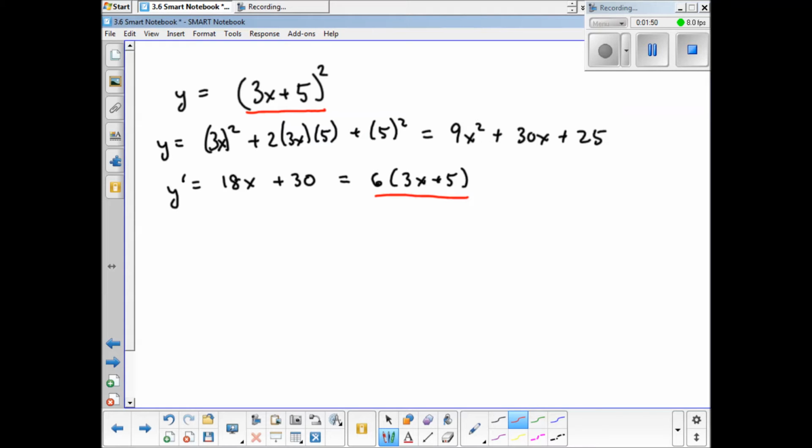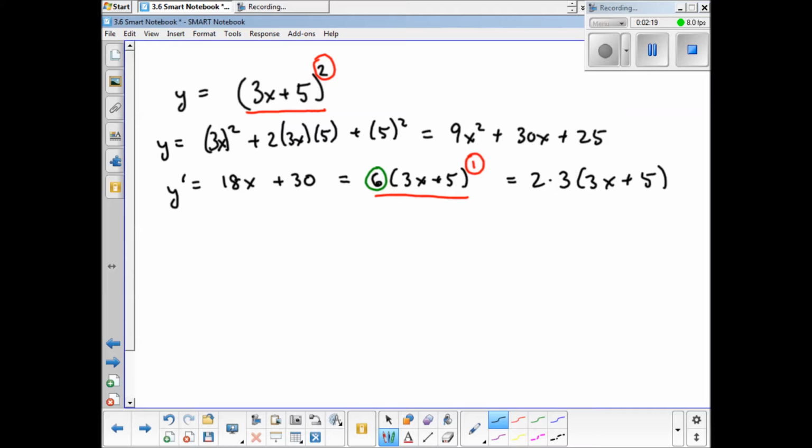If you look at this even closer, you realize that we used to have 2 powers of 3x + 5, but now only 1 power of 3x + 5. You might even be able to figure out where the 6 came from. The 6 in the front, if you write it as 2 times 3, it would look like this.